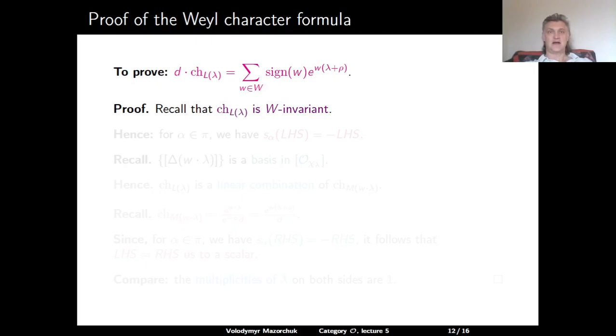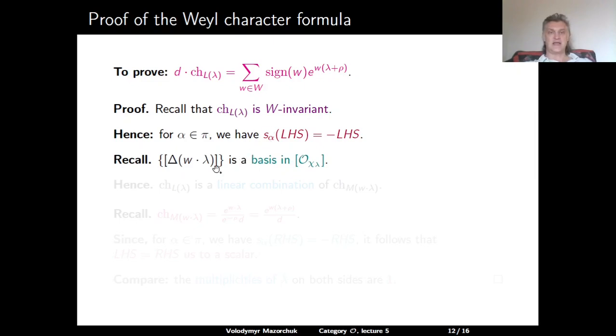We know that the character of a simple finite dimensional module is W invariant. So now take a simple root alpha, then applying S alpha to the left-hand side, we get minus the left-hand side. So the character is invariant, and D from the previous slide gives us the minus sign.